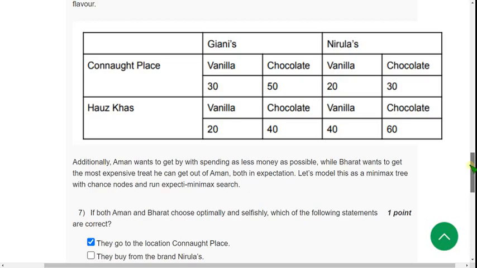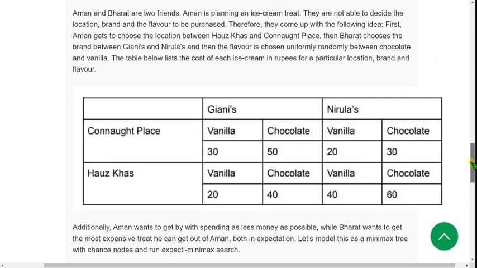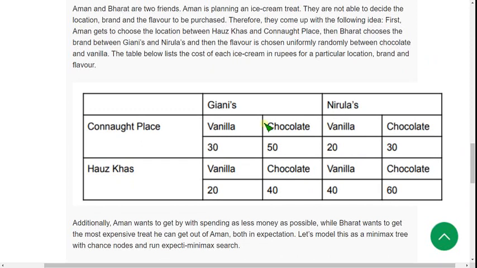Actually they did not mention properly whether they order one or two items, because there are two persons, right? But they did not mention that they buy two items. So I am going with only one ice cream bought, and it is a min-max tree, right?